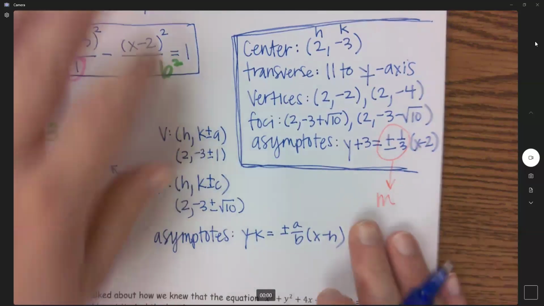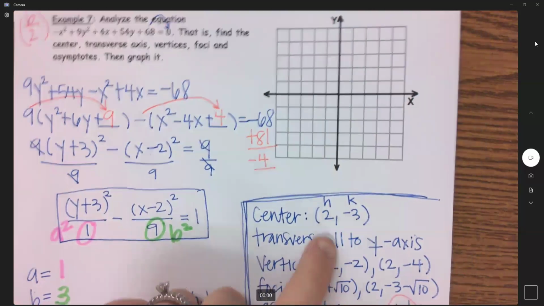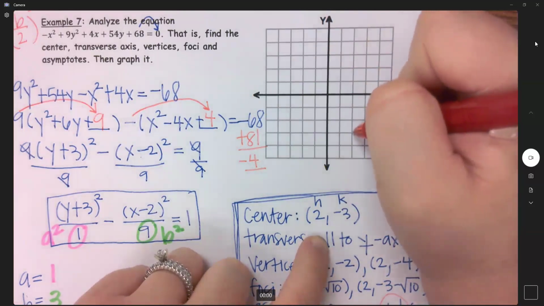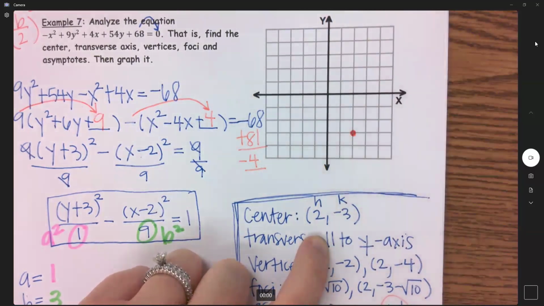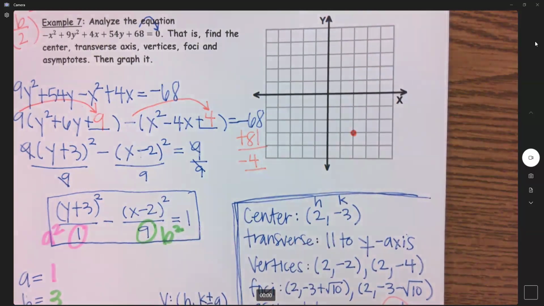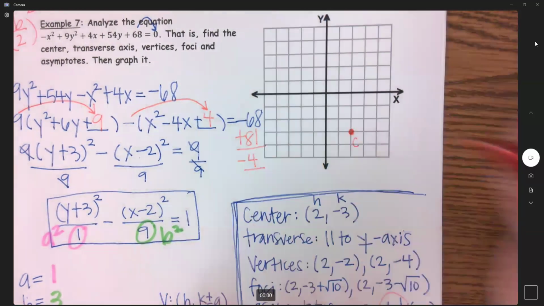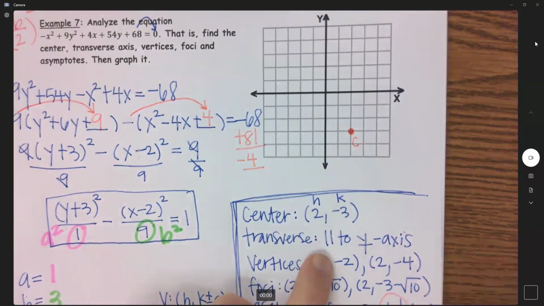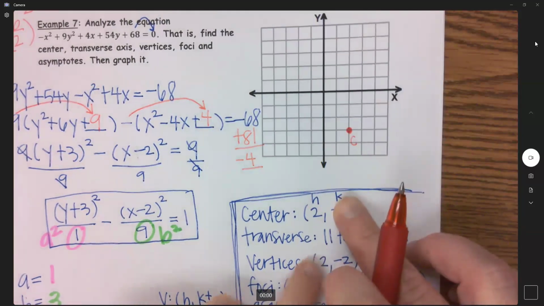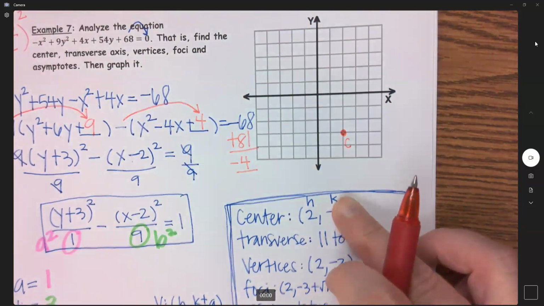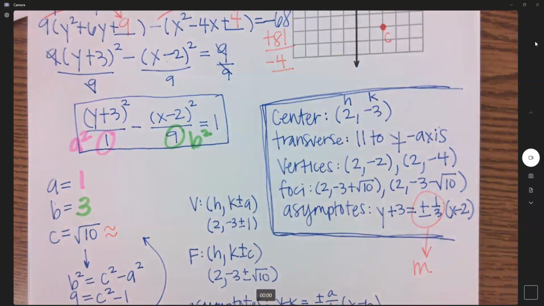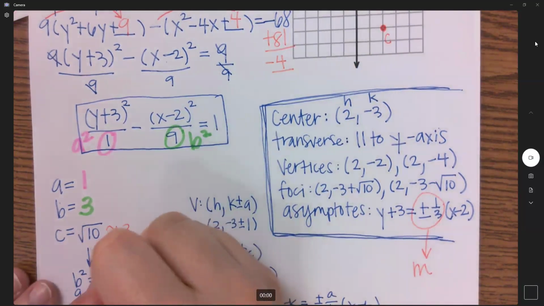All right, so now let's graph this. Starting with the center, we are at 2, -3, and we'll label that as a C. Because my transverse axis is the y, this all needs to be in a line vertically, parallel to that y. So I'm going to go up square root 10 for my C, which is about 3.2.